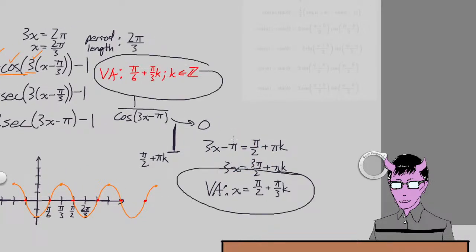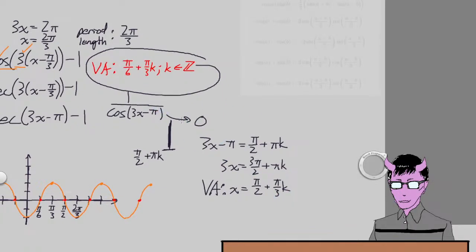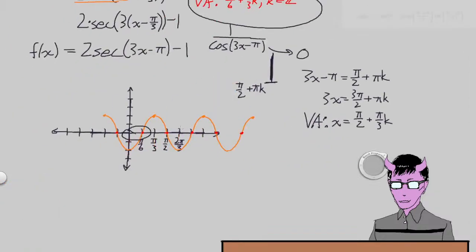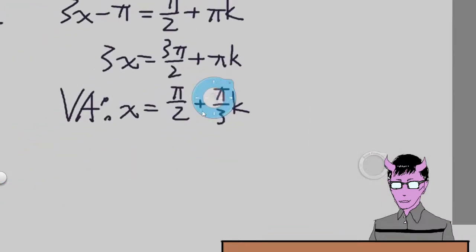And then you see this one should agree with this one. And you're like, wait a minute, that doesn't look quite right. Like, why do we have a pi over 6 right there, and this is going to be a pi over 2? Well, this is not the smallest positive angle we can get. This is the smallest positive one, because I checked it from the visual, right? But if you think about this, what if k is equal to -1? Then we're going to have pi over 2 plus negative pi over 3.